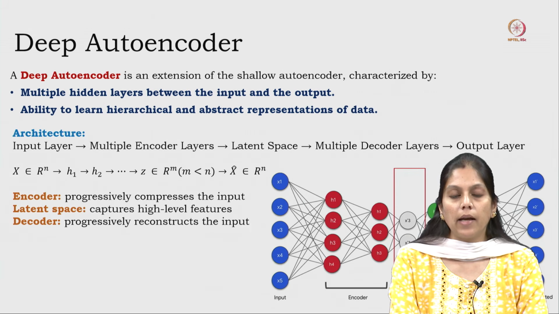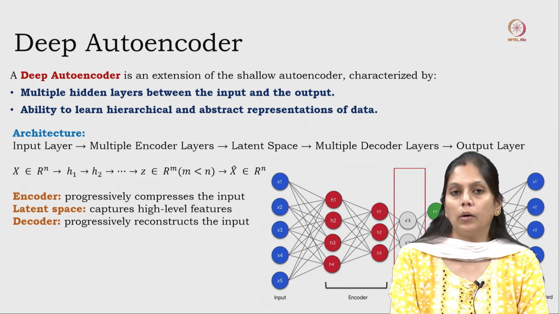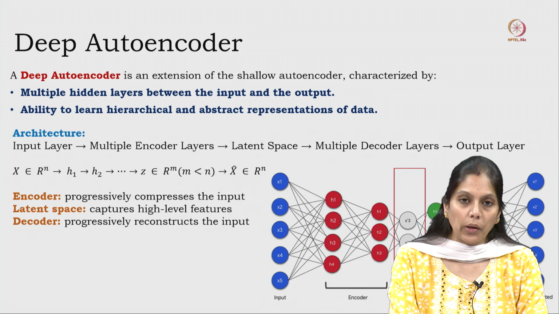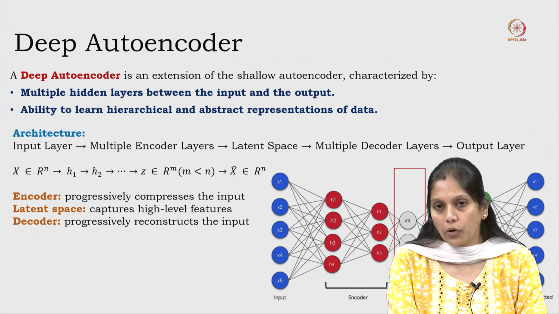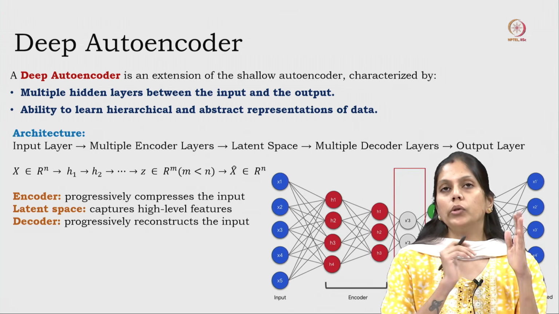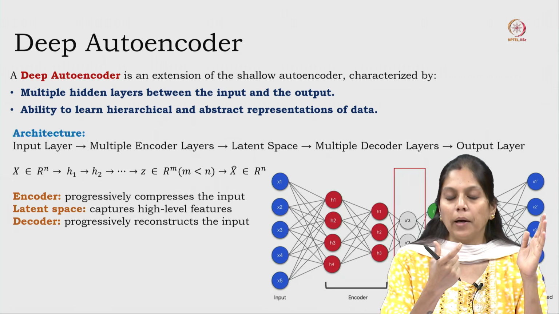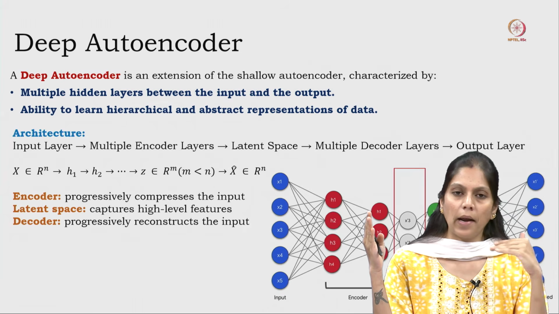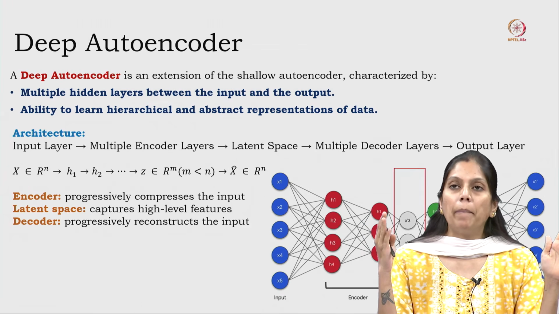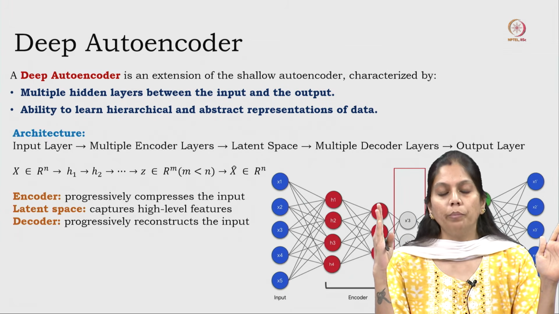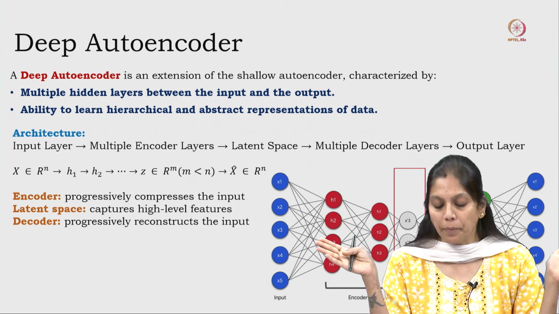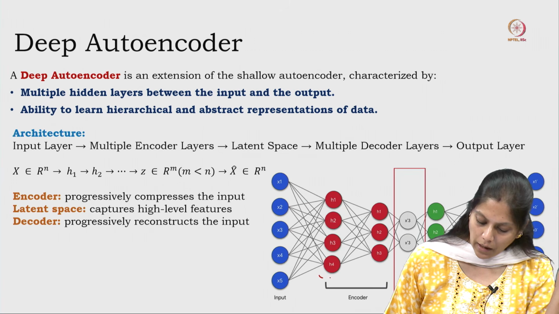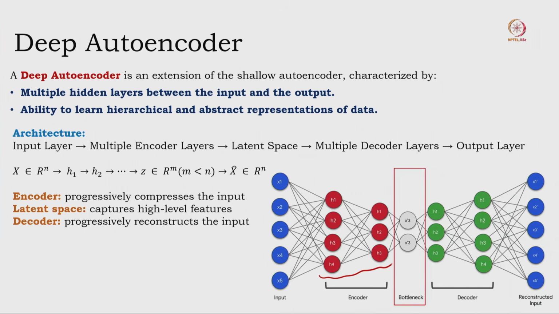Now, it is there in the name itself, deep autoencoder. What is a deep autoencoder? It is an extension of the shallow autoencoder, where you do not have just one hidden layer, you will now have multiple hidden layers. You can have any number of hidden layers, but the last hidden layer output will be the latent representation. So, here there are two hidden layers, and the output of the last hidden layer will be the latent representation.